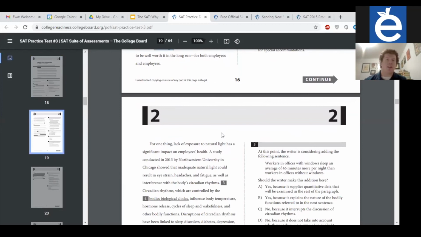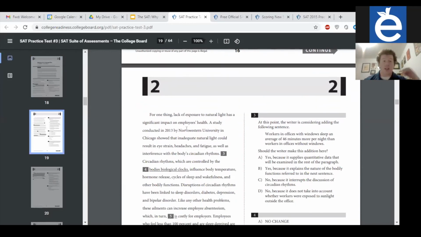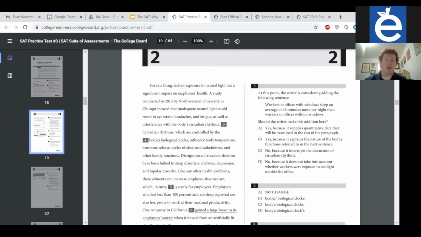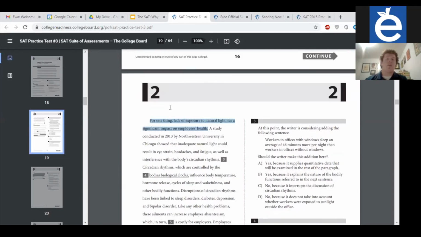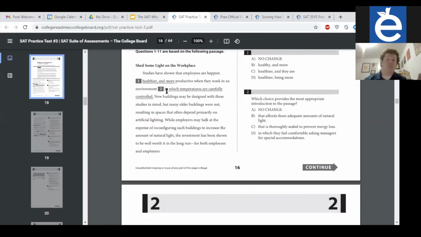So even if we wanted to look more into the rest of our passage for continued context, for one thing, lack of exposure to natural light has significant impact on employees' health. So that's a good indication. What we have for number 2, talking about temperature control, does not fit in with this continued discussion of natural light. Let's take a look at our answer options and see if anything fits with that.